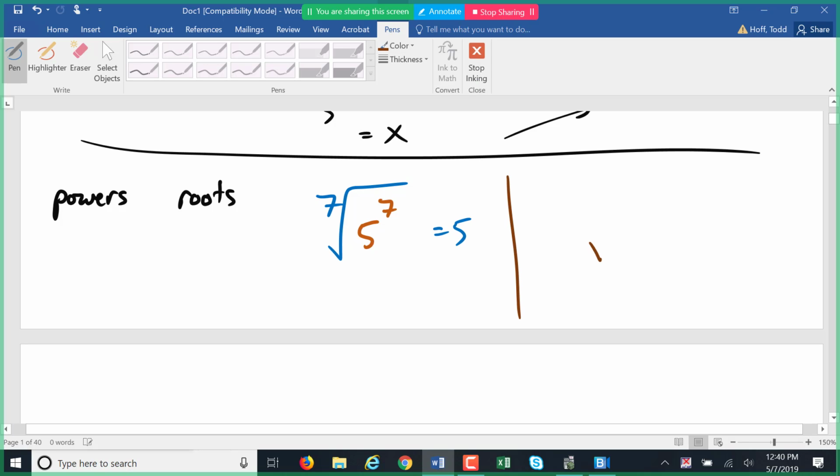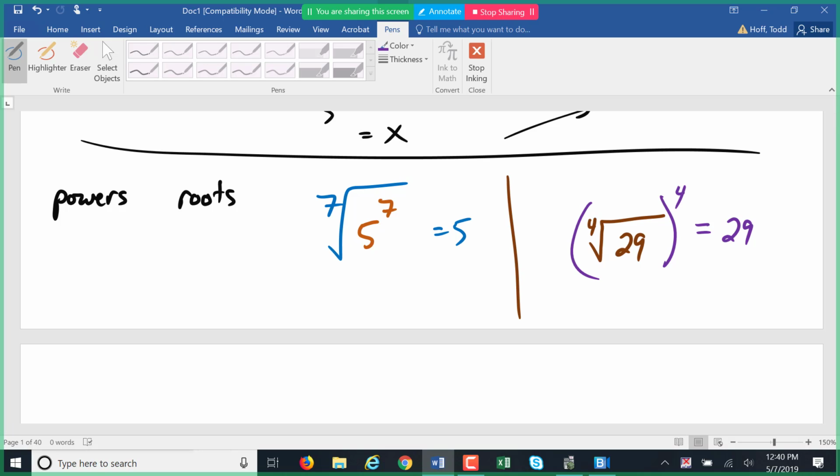If I have the 4th root of 29, if I want to get that back to just 29, I do the 4th power. Roots and powers cancel each other out as long as the power is the same as the index.